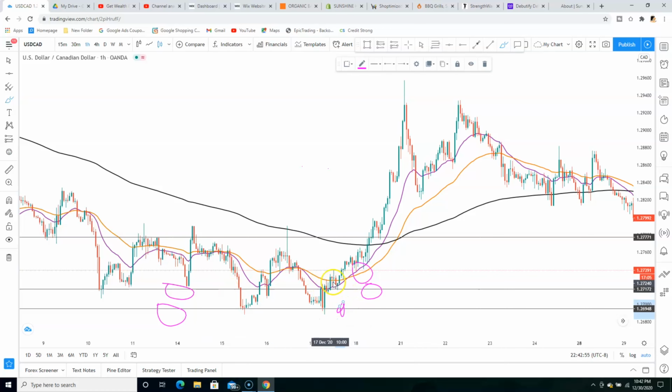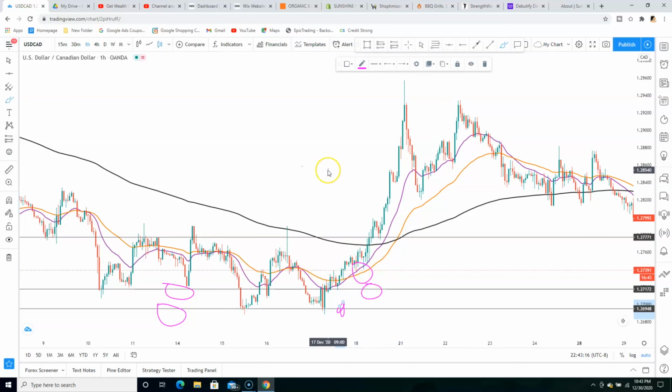Once you see that price actually closed above it, you got to wait for your perfect entry. You get in the trade when the 20 EMA crosses the 50 EMA. That's your entry right there.